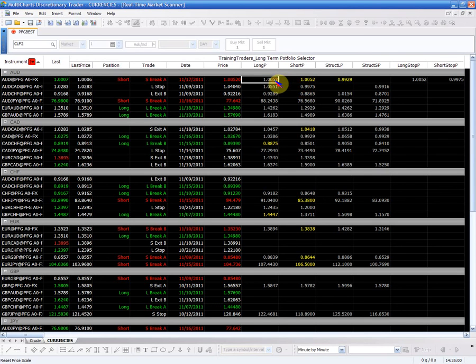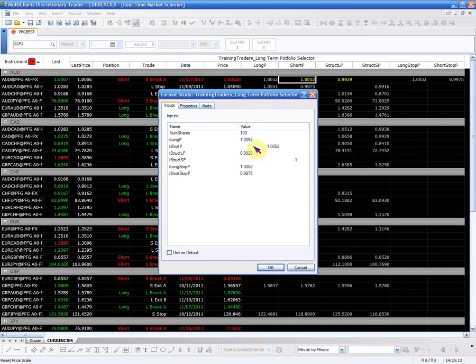So the Aussie dollar, I'm going to buy the long point above 100.52, and my structure long point is 100.52, and my structure short is 0.9929.